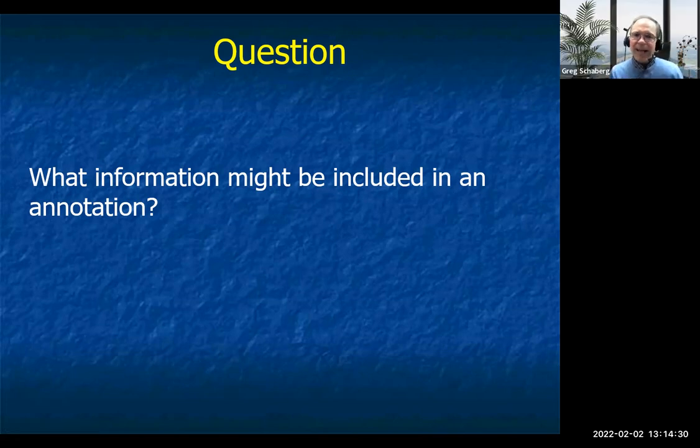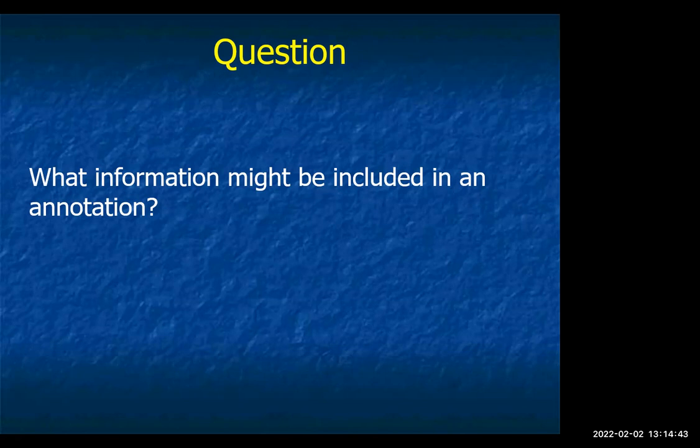We're talking about the annotation. What information might you include? And if we don't remember, the annotation is that short piece. And in that annotation, remember it has to be an evaluative piece. So remember in that annotation, you're going to provide information about how resourceful the resource is.